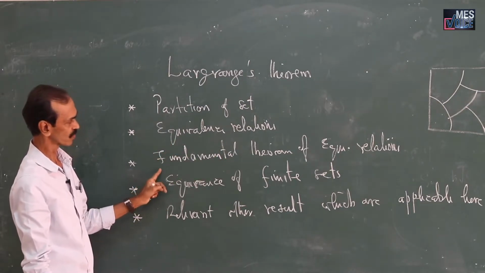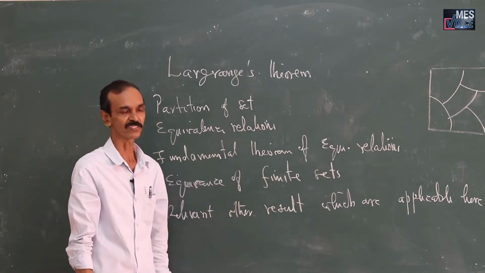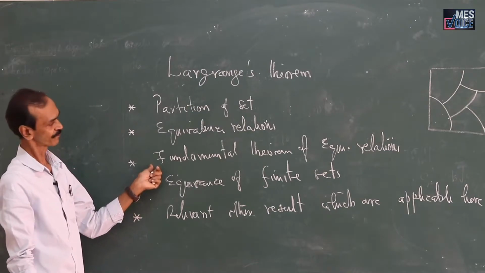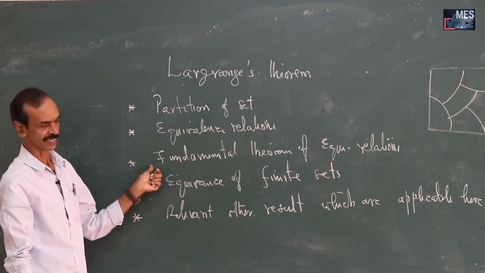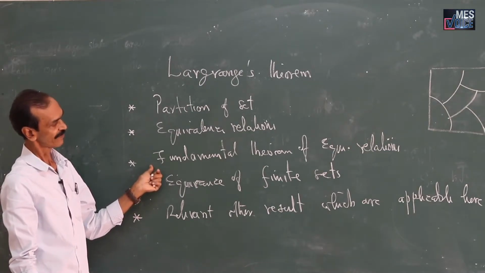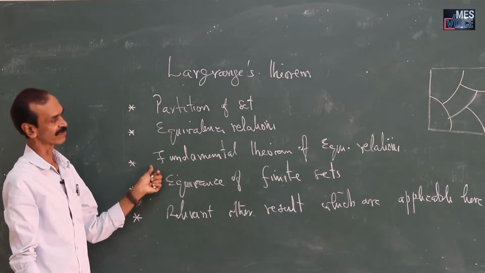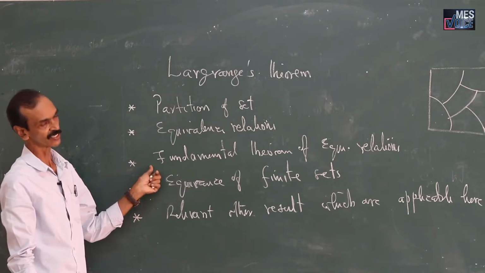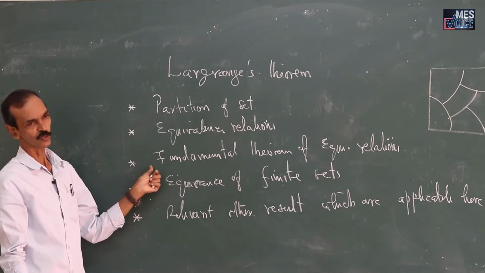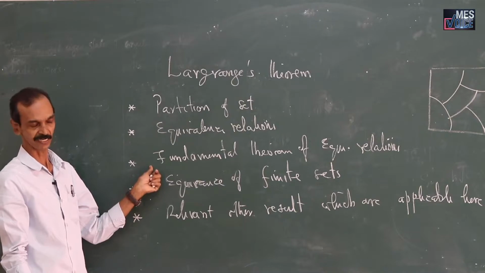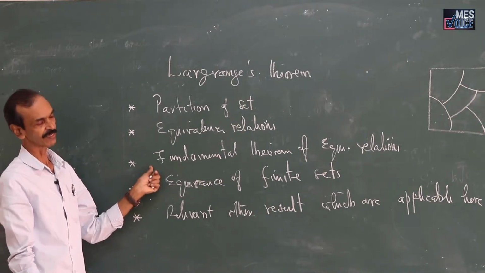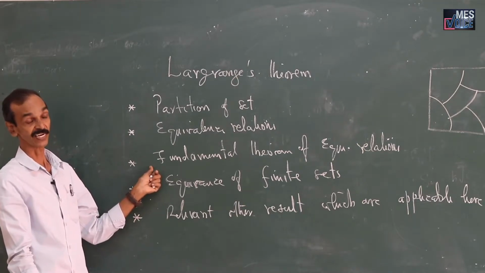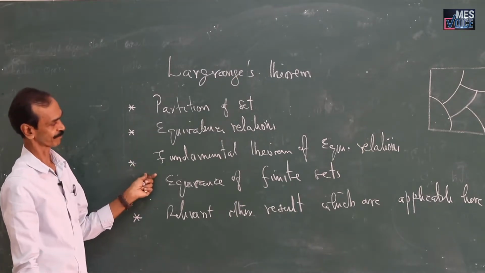The third point is the fundamental theorem of equivalence relations. You might have heard about this particular result in algebra. According to this theorem, if R is an equivalence relation defined on a set A, then R partitions it into mutually disjoint equivalence classes in such a manner that elements from the same class are related and elements from different classes are not related.